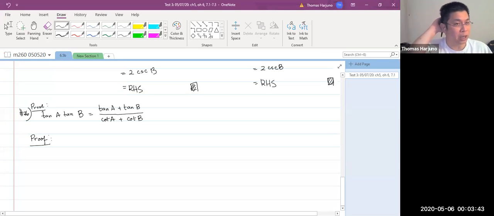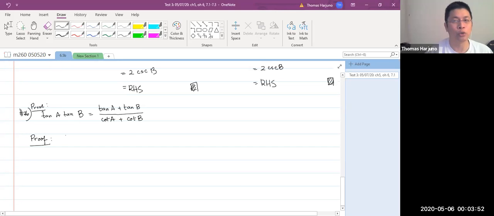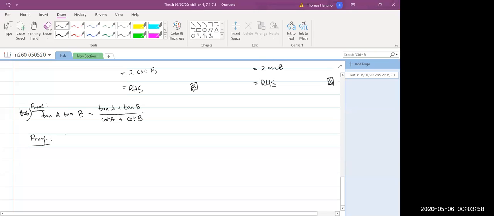Which is more complicated here? Can we do it with the right-hand side, turning tans to sine over cosine? Yeah, but which direction will you prove this, left to right or right to left? Right to left. That's what I have in mind too.